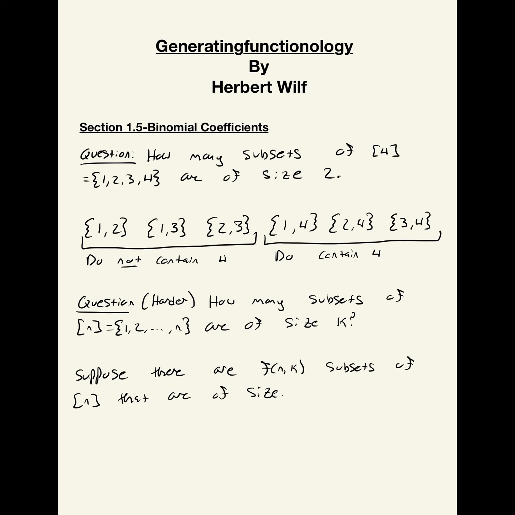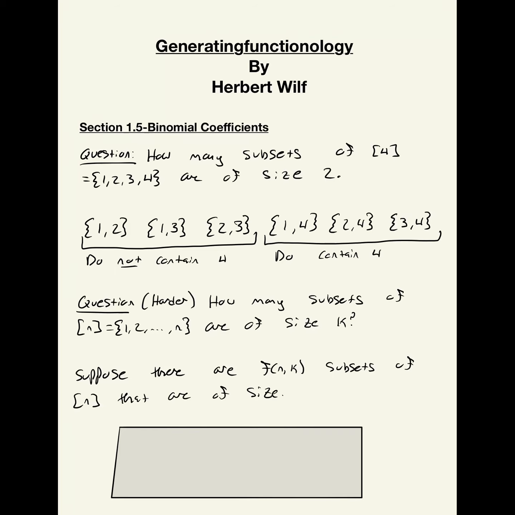And to do that, what I want you to imagine is all of these subsets of size k laying in front of us. I'm going to draw a little picture here. Let's say all of the subsets of size k are living in this box somewhere.